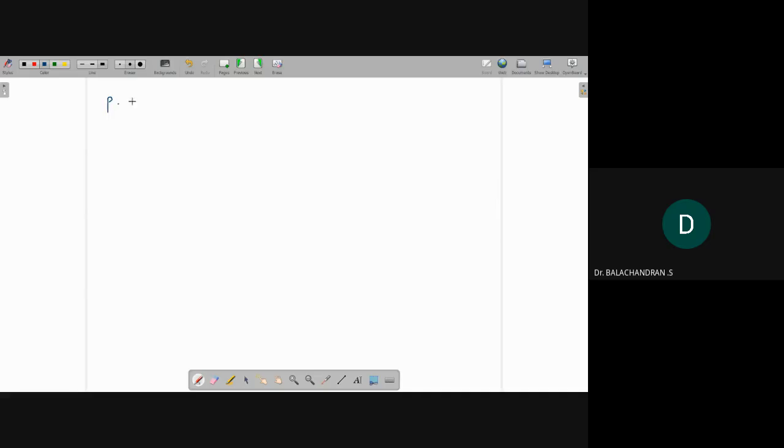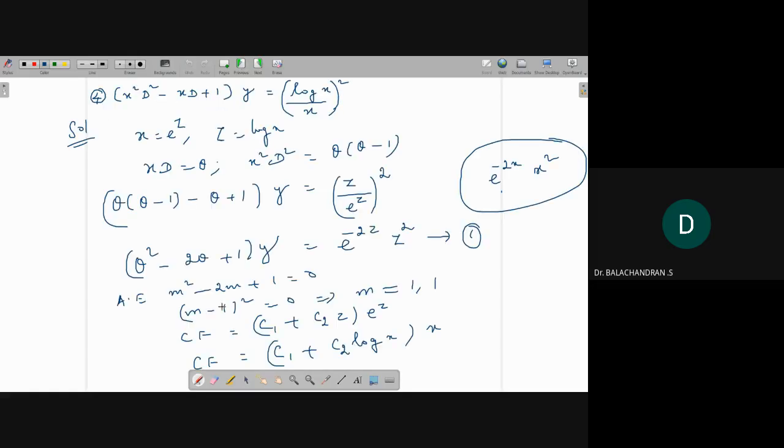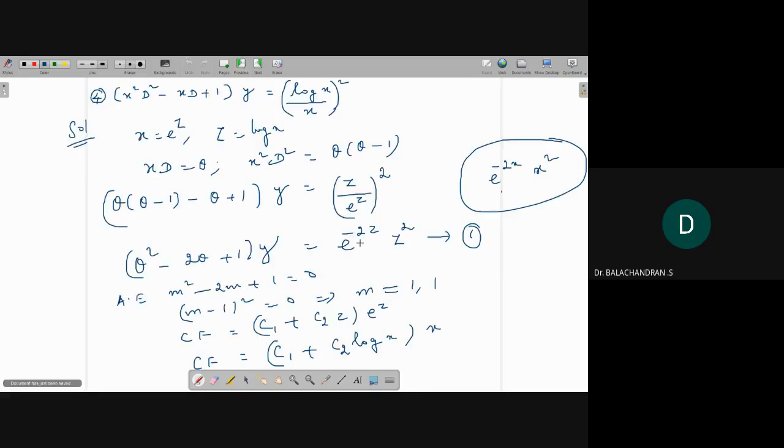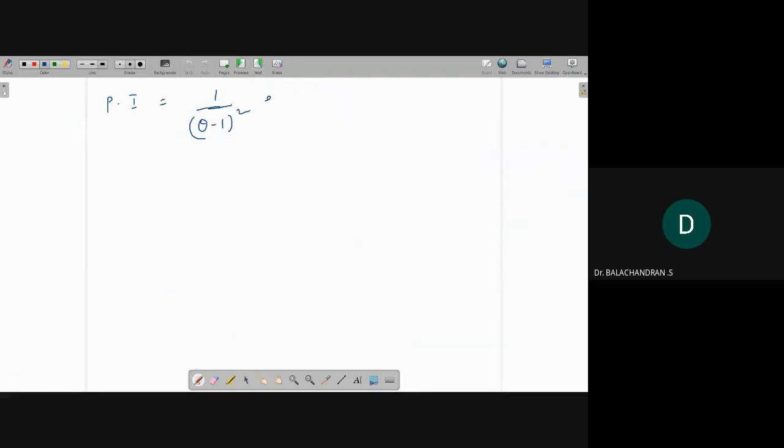PI is equal to 1 by theta minus 1 whole square, since theta square minus 2 theta plus 1 is theta minus 1 whole square. The right hand side function is e power minus 2z into z square. So this is type 4. First operate e power minus 2z; we should replace theta by theta minus 2.